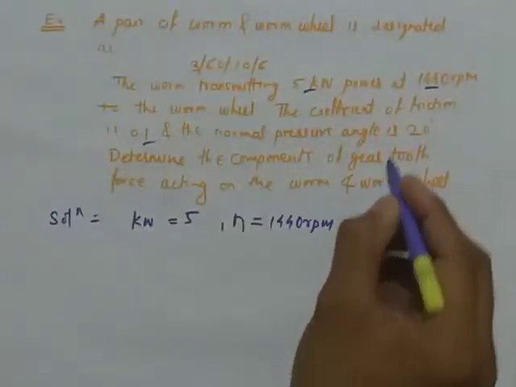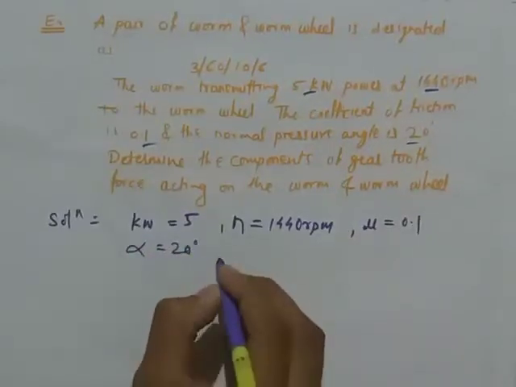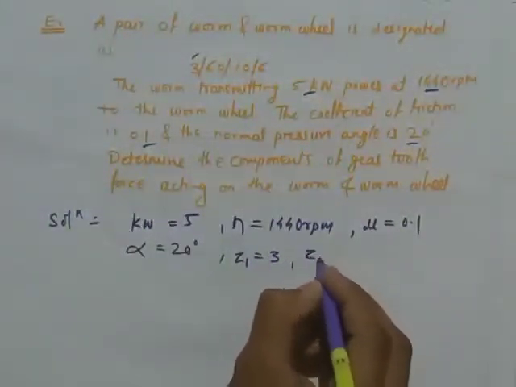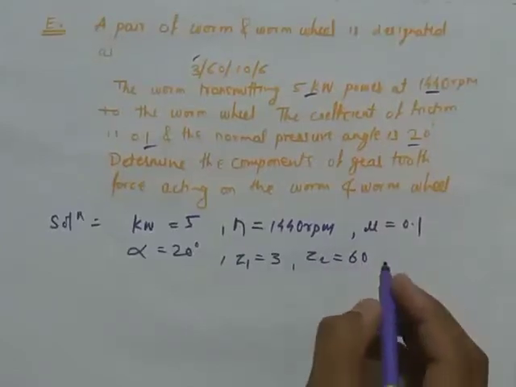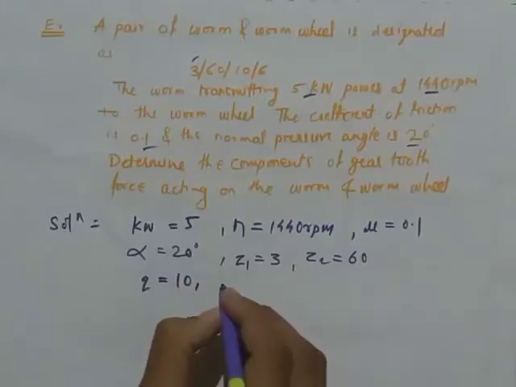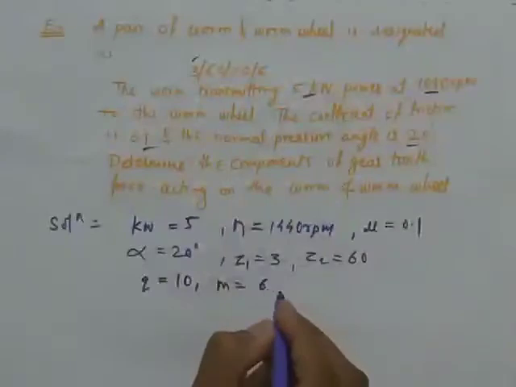Next, the pressure angle alpha is 20 degrees. Then z1 is 3, z2 is 60, the diametral quotient is 10, and the module is 6.